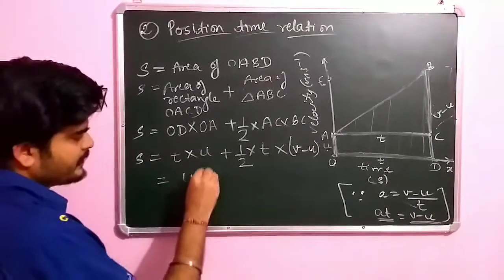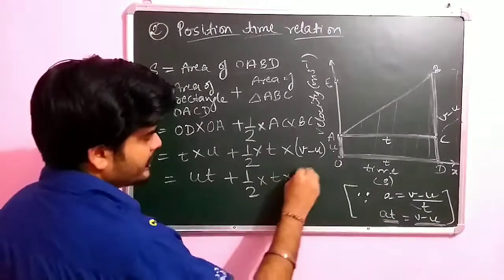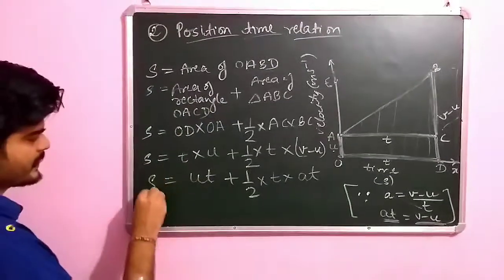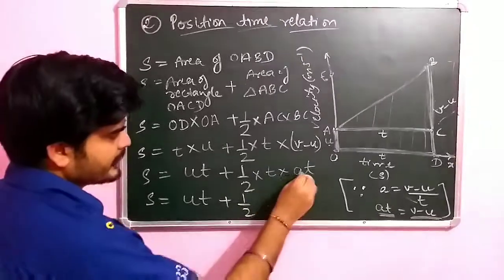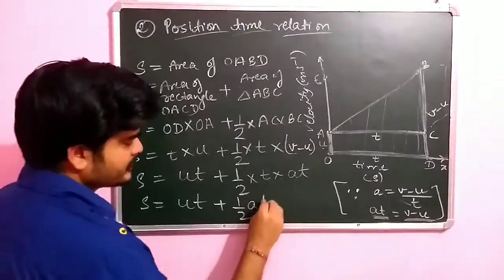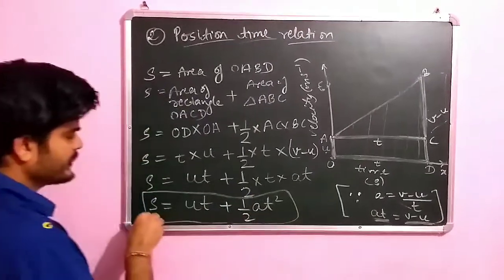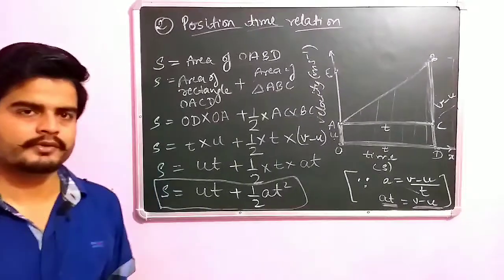U into t will become ut plus half into t into at. So s will be equal to ut plus half at square. So this is our position time relation which we have derived. Note it down.